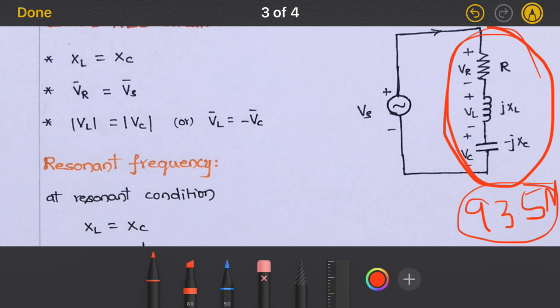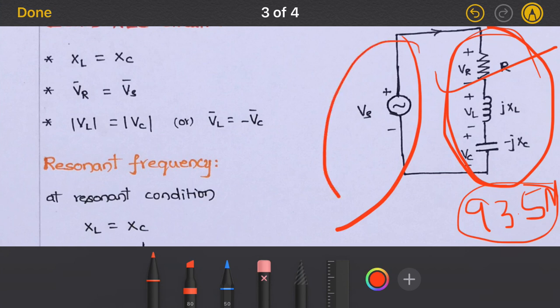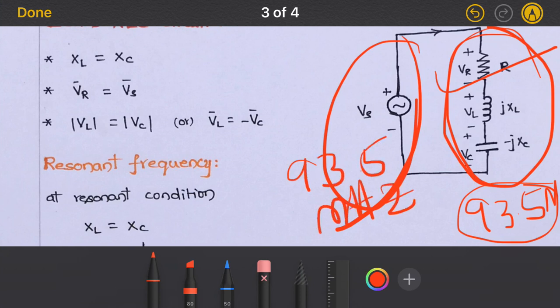If you tune your receiver, here this circuit is the receiver circuit and this circuit is the transmitter circuit. So they are transmitting the signal at 93.5 megahertz. With this frequency they are transmitting that sound signal in terms of electromagnetic waves.